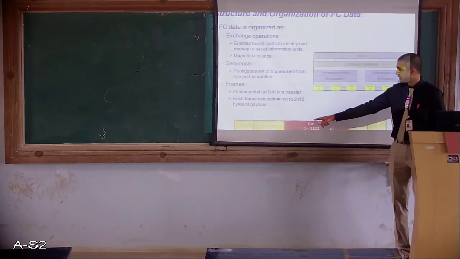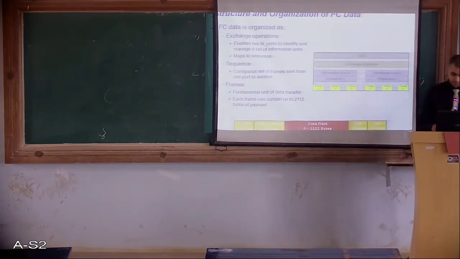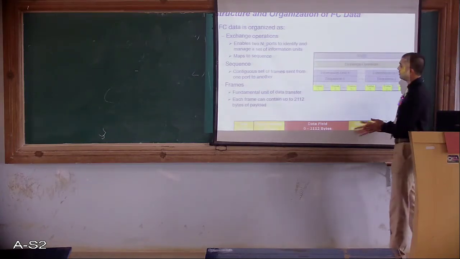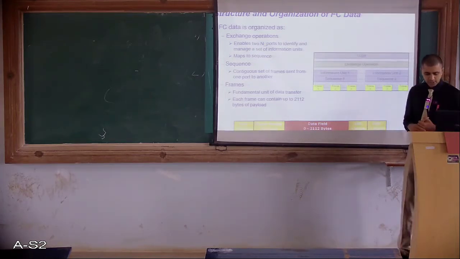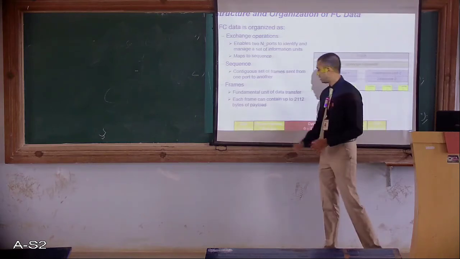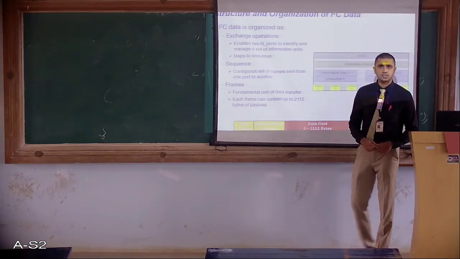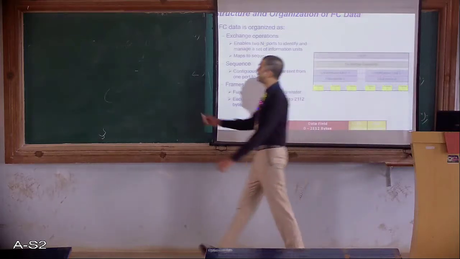Then we have the frame header. This frame header is 24 bytes. What does this frame header contain? It contains the source ID, the destination ID, and various other types of information. Source ID and destination ID are represented as SID and DID.